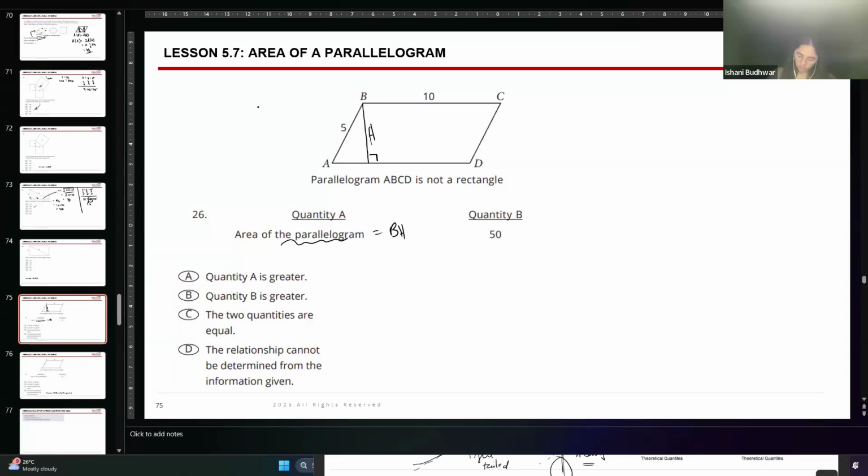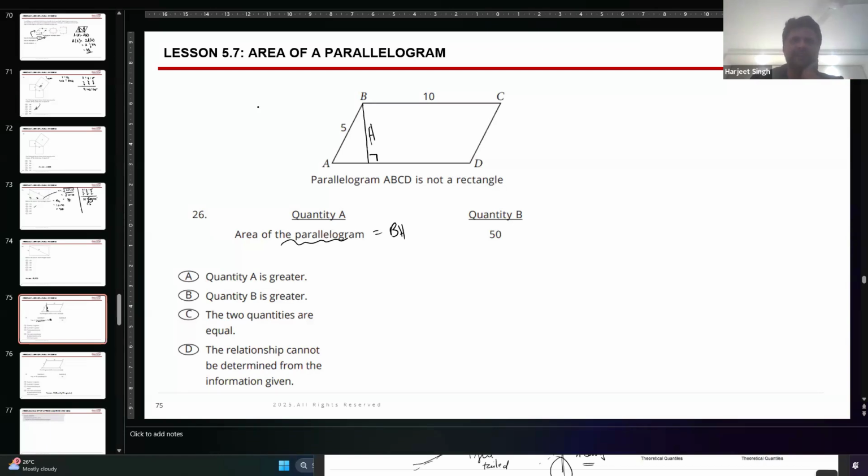So how will we find height? There's no other data with us.